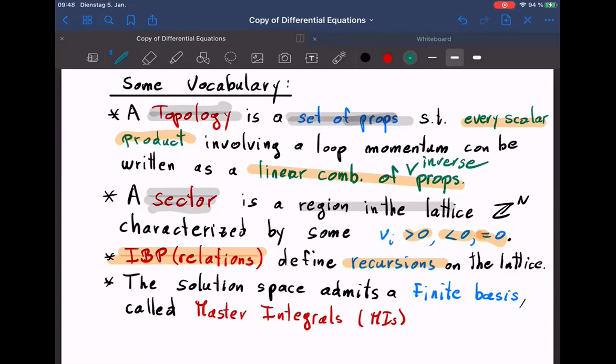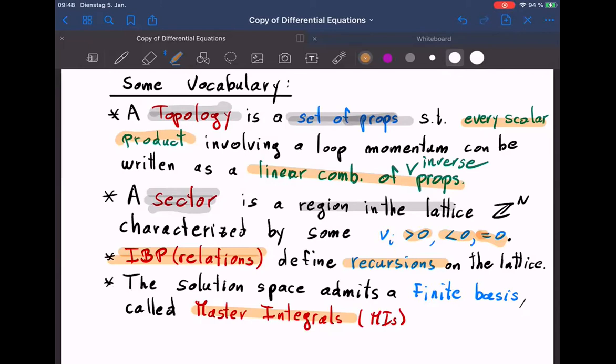And the basis is often called master integrals. Now, I insist here that master integrals are just a choice of basis for the solution space. There's nothing intrinsic to being a master integral. It's not that if integral 1 is a master integral, integral 2 is not, or that integral 1 is better than integral 2.